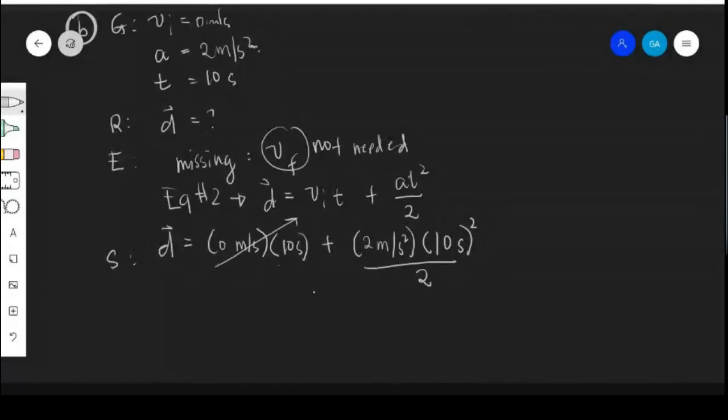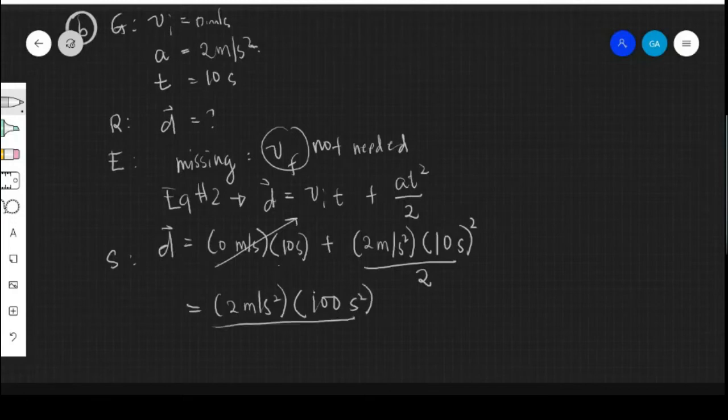So this is 0 already, that will be 2 meters per square second, times 10 squared is 100, then s squared, over 2. Okay? So that will be 2 times 100 is 200 meters.